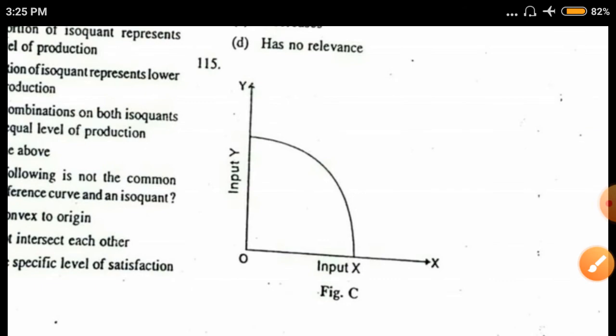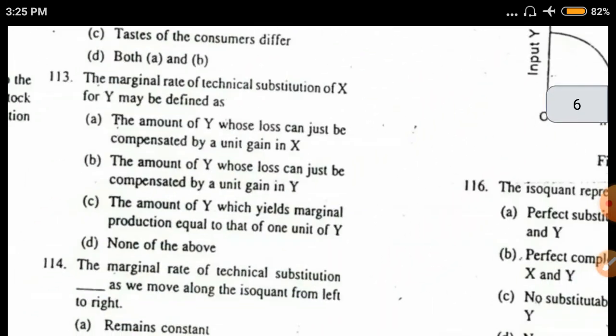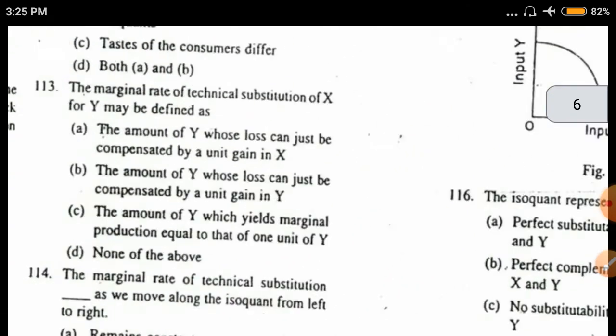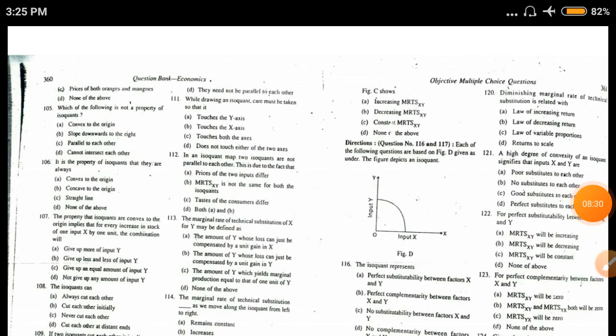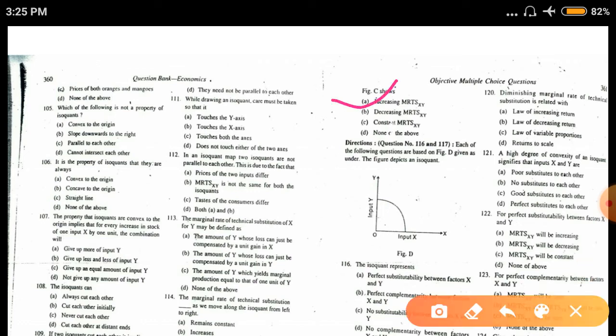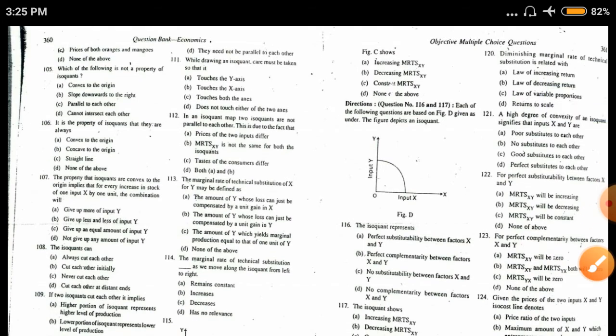Question number 115. Based on this diagram, the figure shows increasing MRTS, decreasing MRTS, constant MRTS. The right answer is increasing MRTS. Then question number 116.